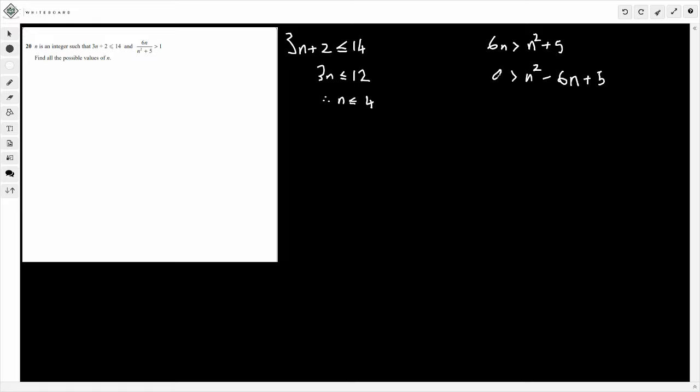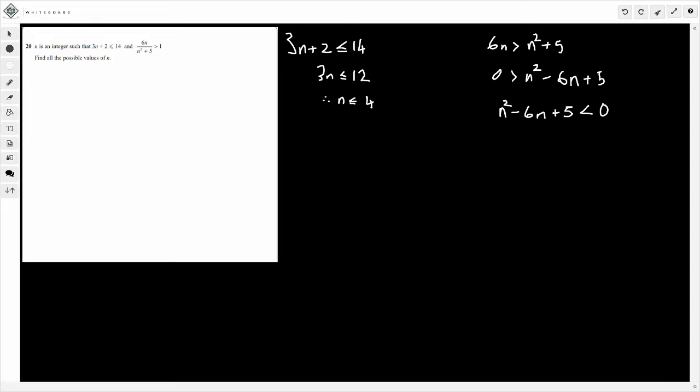What this is saying is that 0 is bigger than this expression, so this expression must be less than 0. You're just flipping it the other way around. So we can write that as n squared minus 6n plus 5 is less than 0.